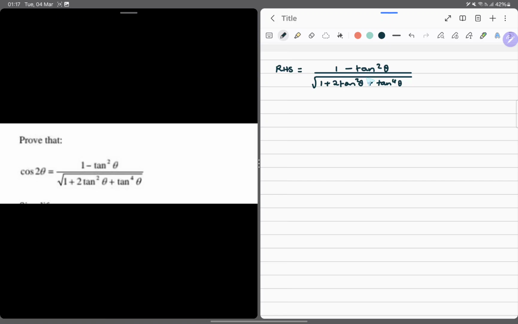Do you immediately change the tans? The answer is perhaps, but this expression is already complicated. We see that the numerator is a difference of two squares, so we can actually factorize that.